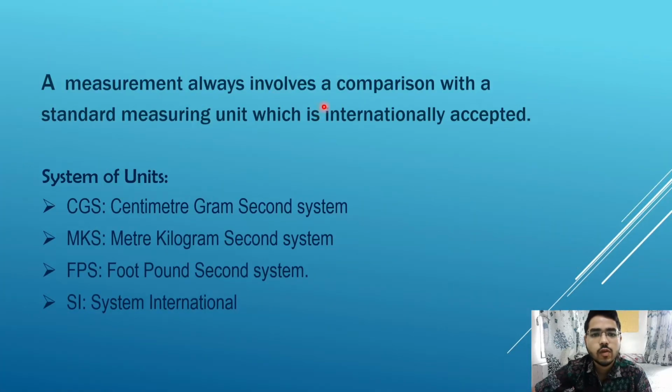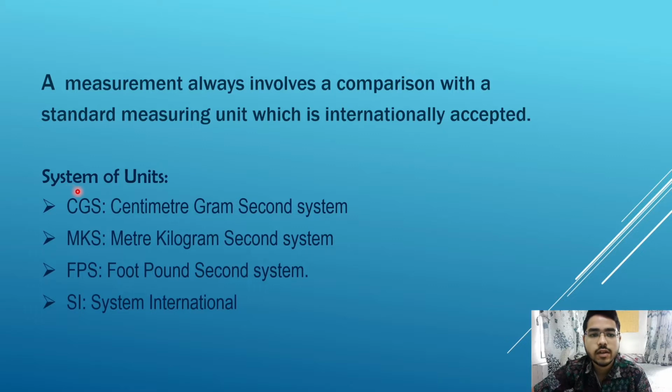Measurements always involve comparison with a standard measuring unit, which is internationally accepted. New scientists come up with different units, which causes jumbling between the conversion factors. So the internationally accepted units are used to gain and transfer their knowledge and our knowledge.